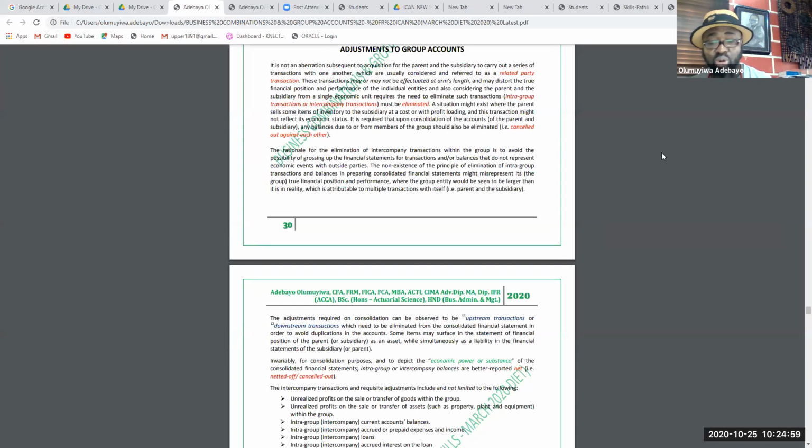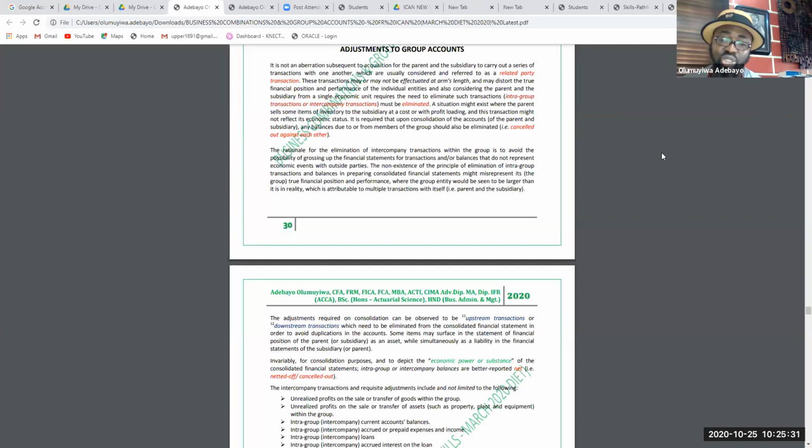It then creates what we call an intercompany transaction, because a significant amount of that dividend is payable or paid to the parent, which means every exchange that occurs post-acquisition between the parent and the subsidiary is what we term intra-group transactions or intercompany transactions.